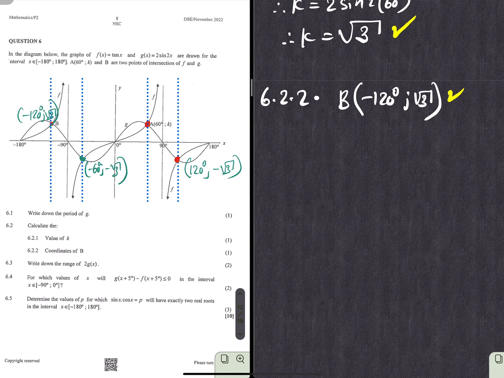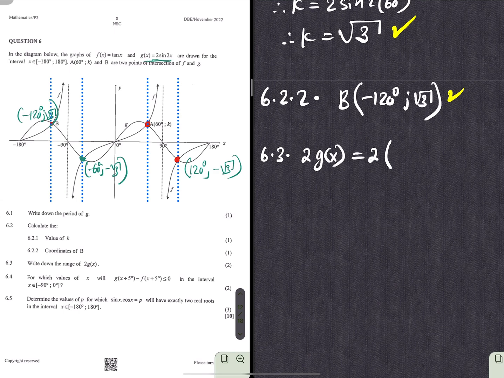Let me just go to the next question. They say, write down the range of 2g of x. So this is 6.3. Write down the range of this one. This is 2 multiplied by g of x, which is the same as 2 multiplied by that g.